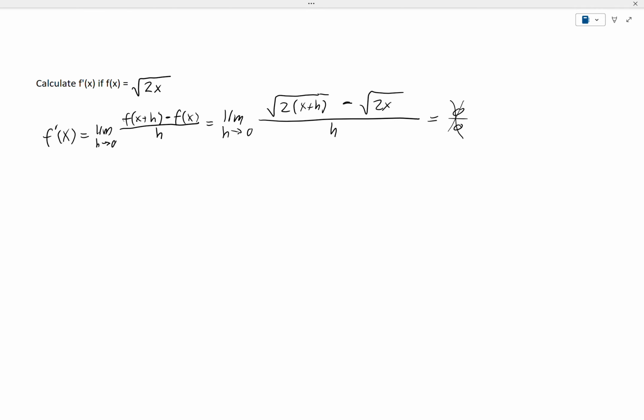Okay, so how could we manipulate this? There's no power of 2 or distributing in the numerator and denominator to simplify stuff. There's no common denominators that I should find because we just have everything over a common denominator already.